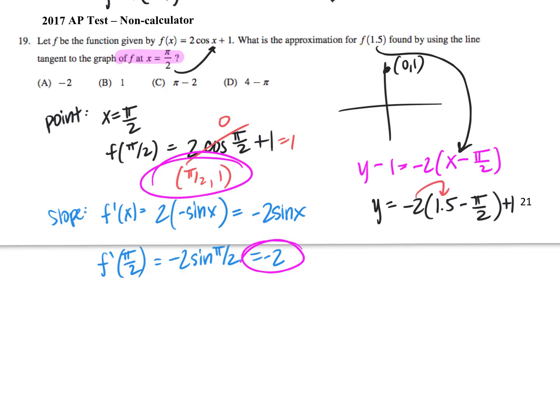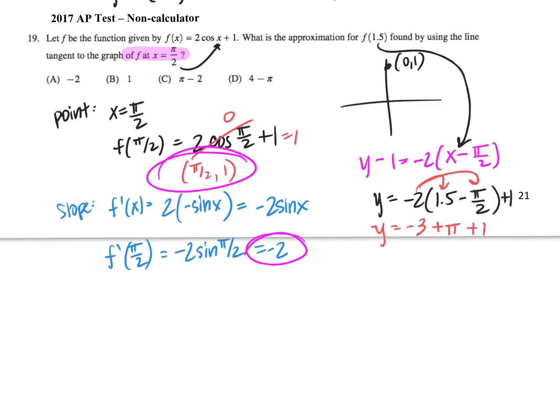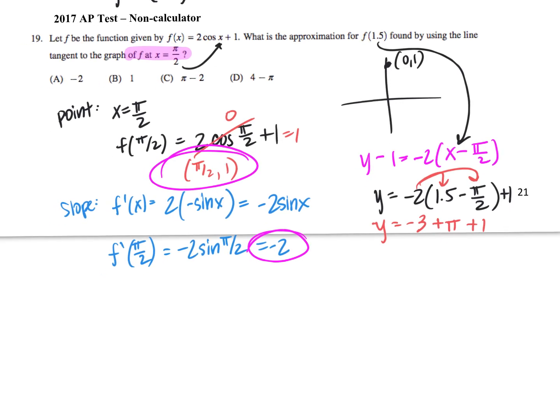Can we distribute that? It's 2 times 1.5. Negative 2 times 1.5 is going to be negative 3 plus pi, because my 2's are going to cancel, plus 1. Is that an answer? It is negative 2 plus pi, which is the same as pi minus 2.